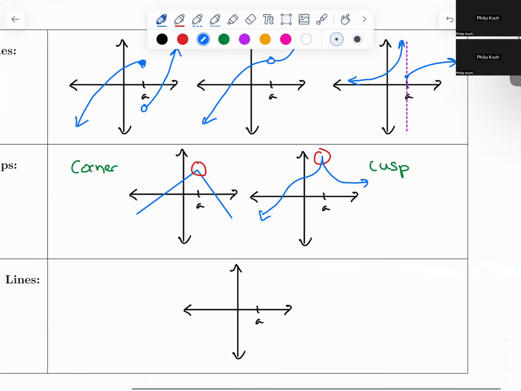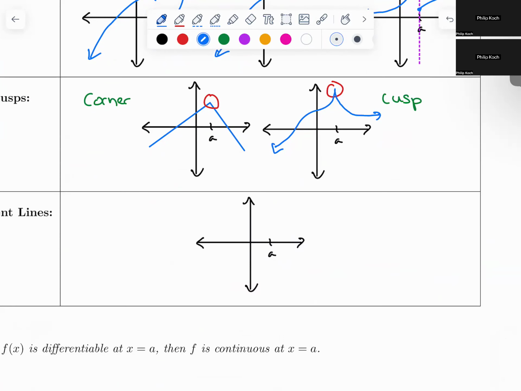And then the last one, these are the hardest cases to see, specifically if you're just graphing it on Desmos or something, but they look something along the lines of this. Cubed root functions are not differentiable at 0 because you have a vertical tangent line.